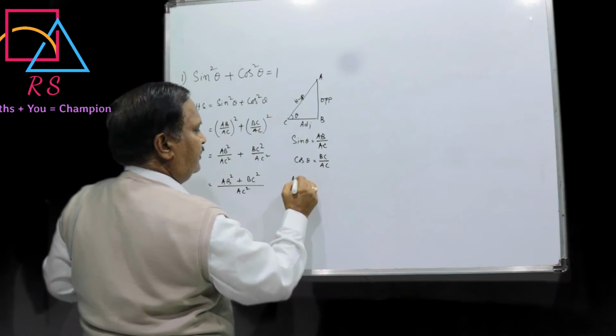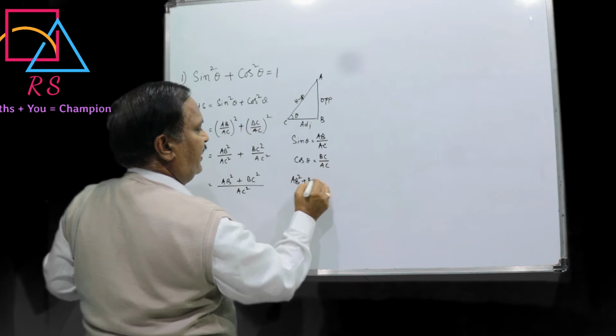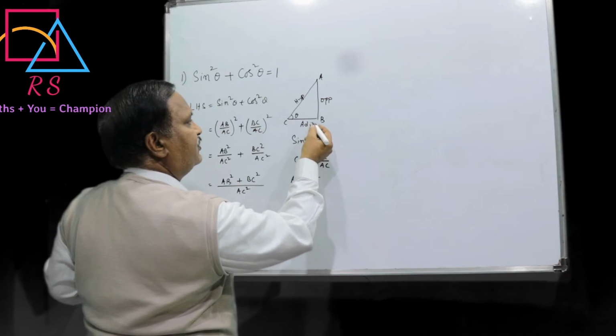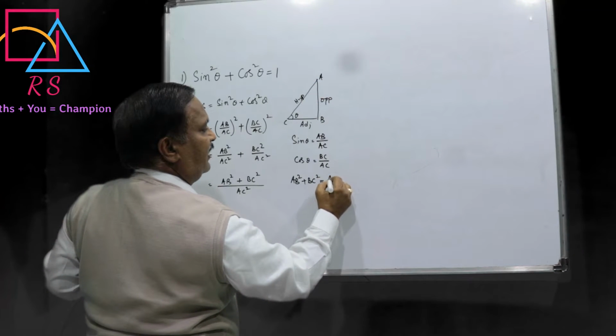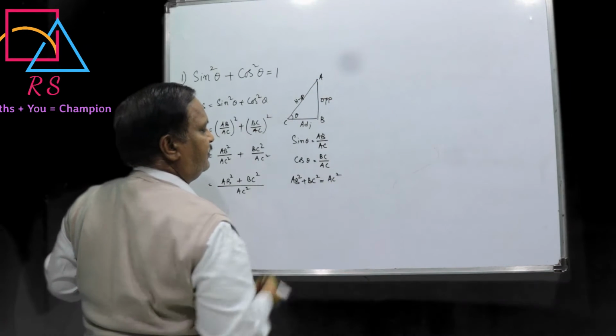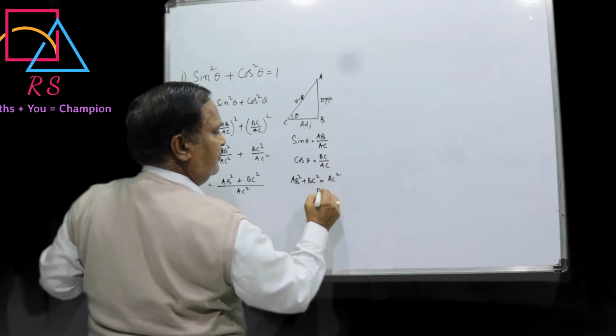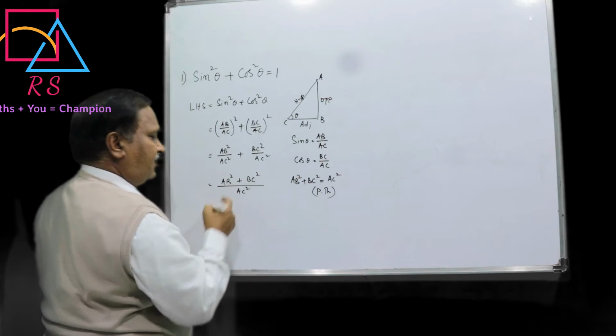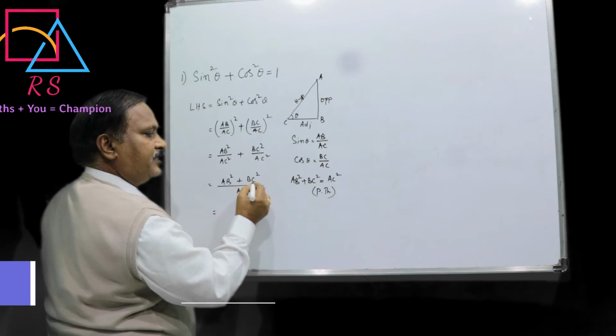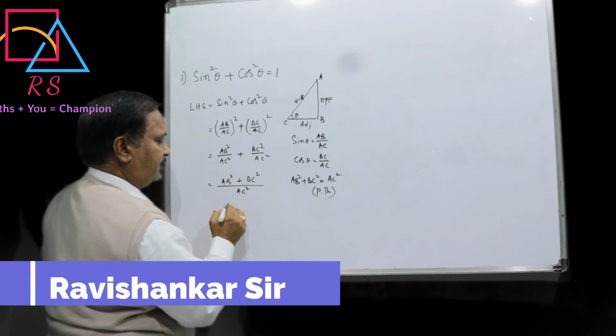We know that AB square plus BC square, that is the sum of squares of two sides, is equal to hypotenuse square. AC is the hypotenuse. This is Pythagoras theorem. So we replace the numerator AB square plus BC square with AC square.